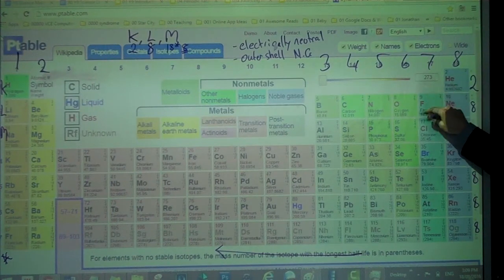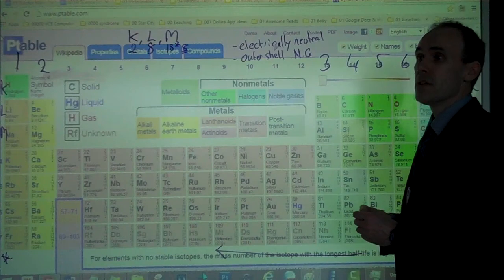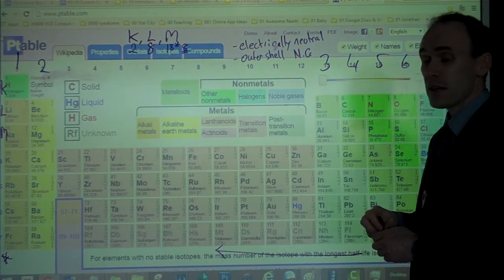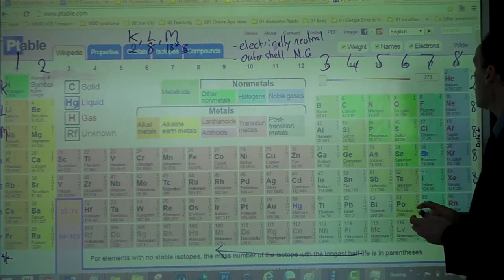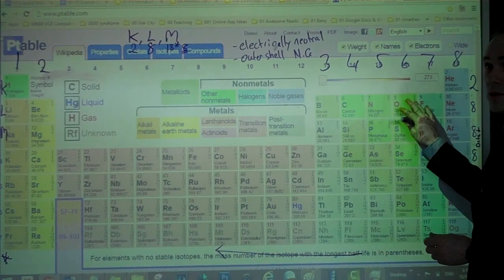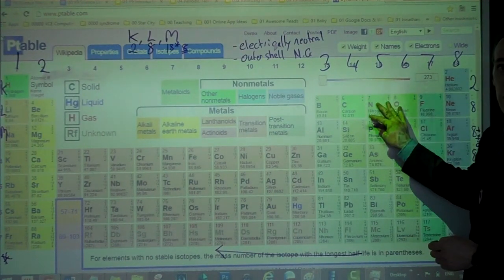Very, very unlikely to react in this corner. It shows the diagram of the size of atoms, and we talked about diameter. Now you don't need to remember that, but these ones over here will accept electrons, but they will not give electrons. They are highly attractive to electrons.